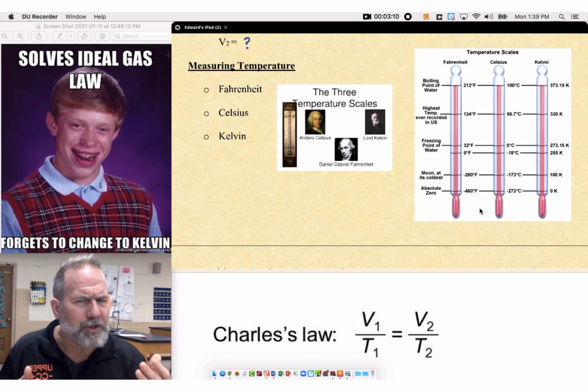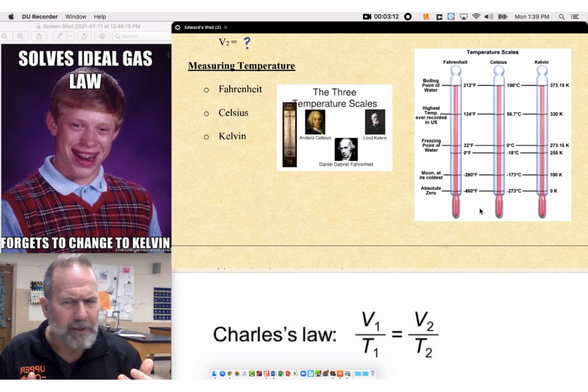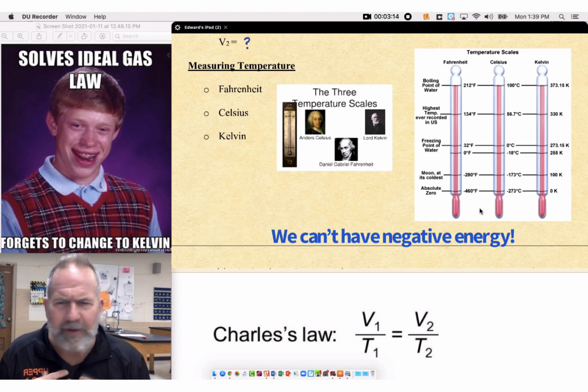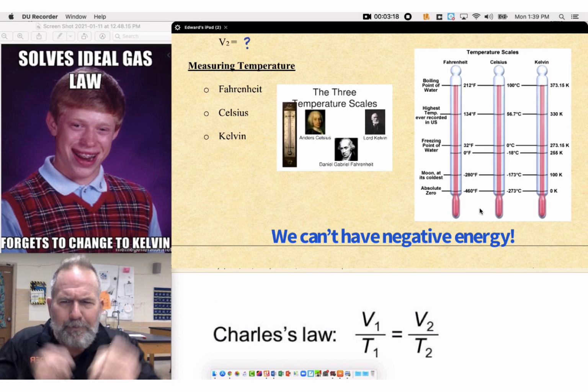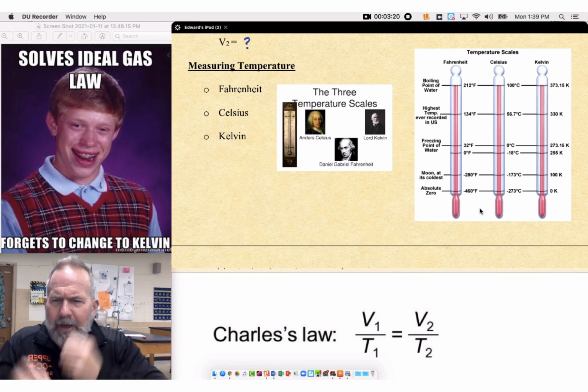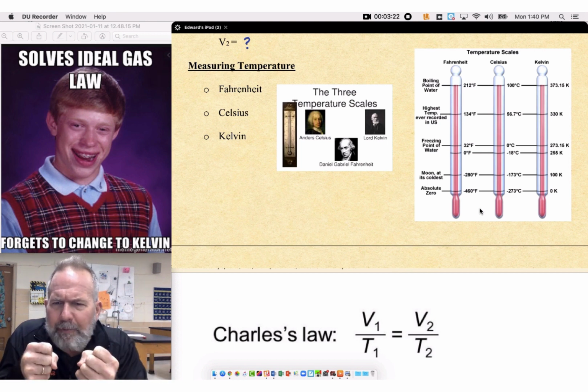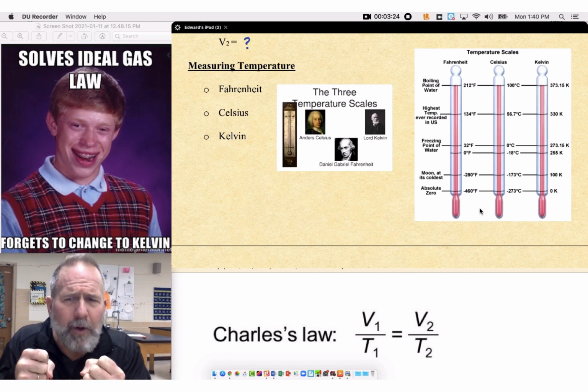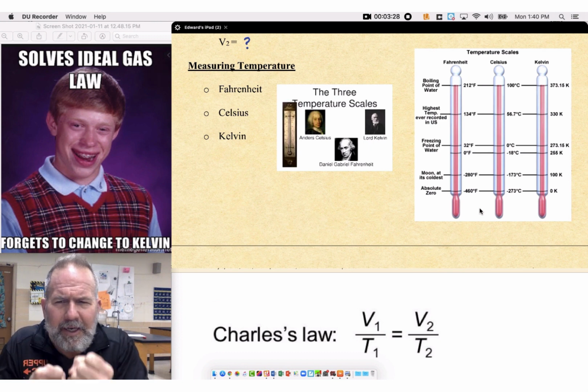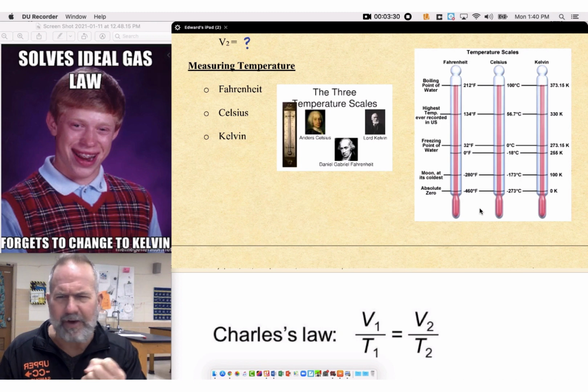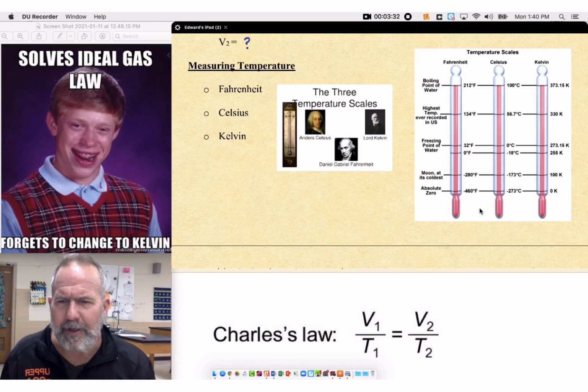Because this is a measurement of energy. We cannot have negative energy, right? If it's moving, it has energy. If it stops, it has 0 energy. It can't then go backwards and have negative energy. Just can't happen. All right?